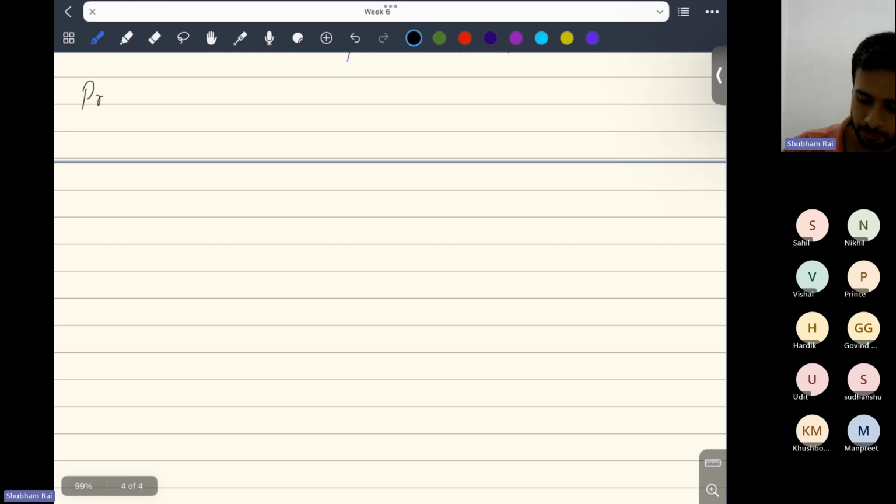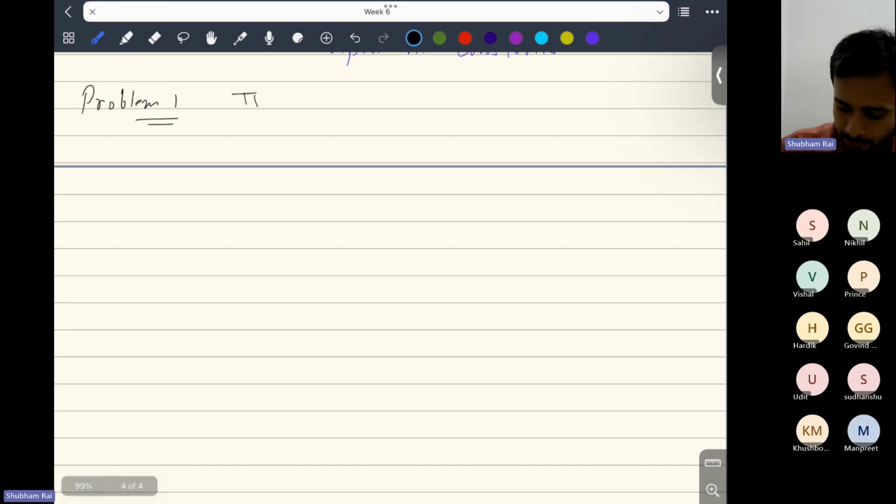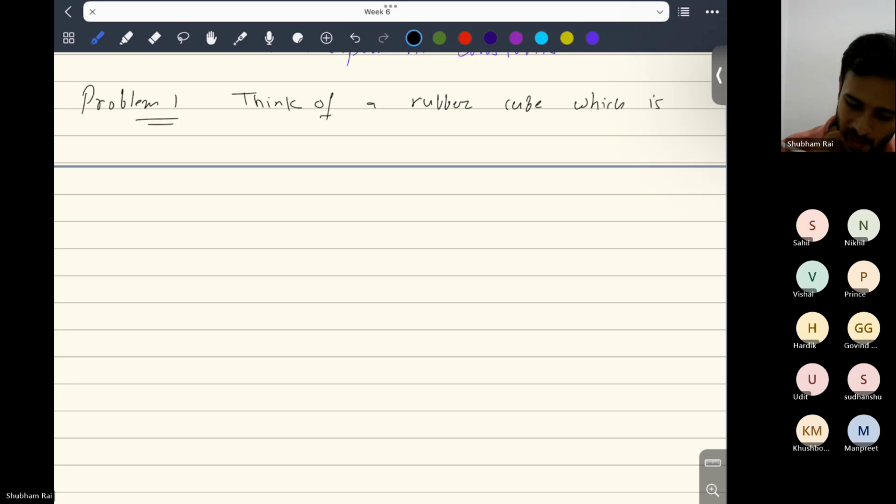Problem one. I'm starting with problem one. Let me write what problem one is. Think of a rubber cube which is inserted within a cavity in a steel block.